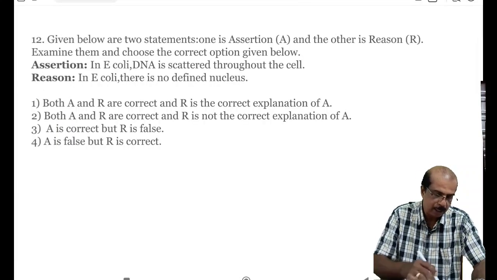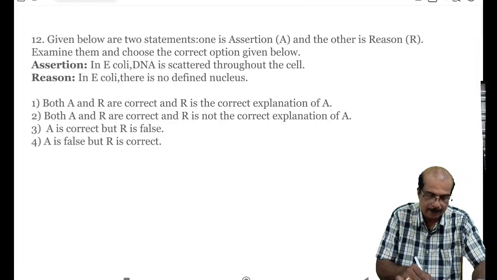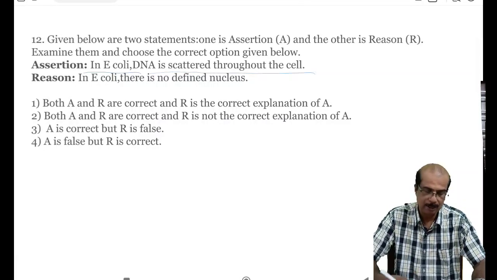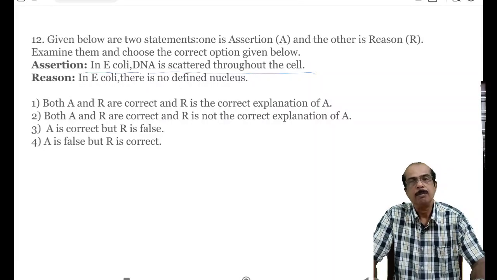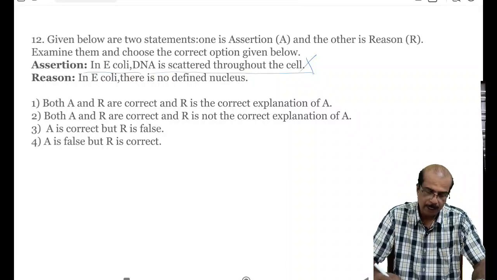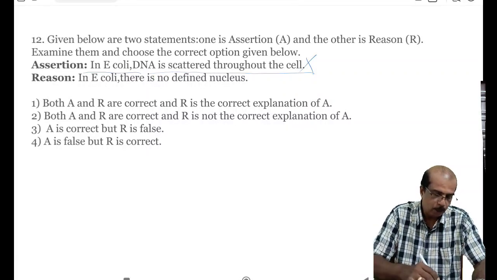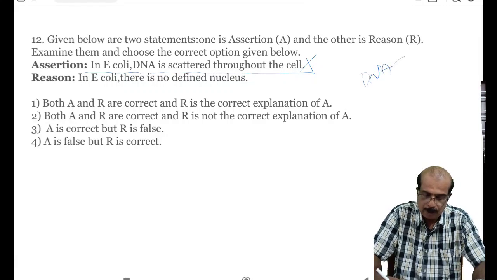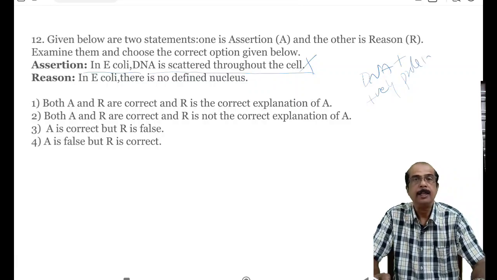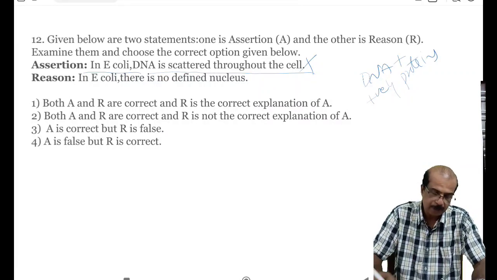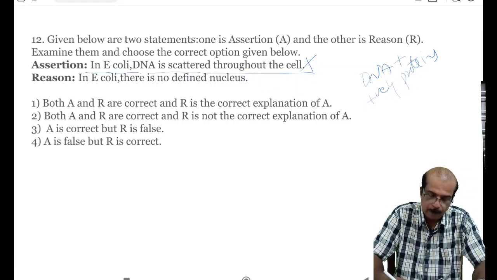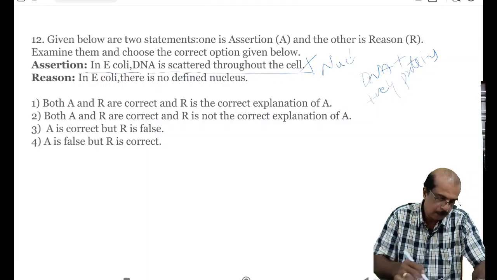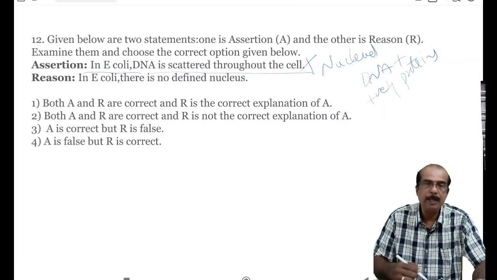What about the assertion? In E. coli, DNA is scattered throughout the cell. It is a wrong statement. In E. coli, the DNA is organized and associated with positively charged proteins and arranged at the center as the nucleoid. In E. coli, there is no defined nucleus.